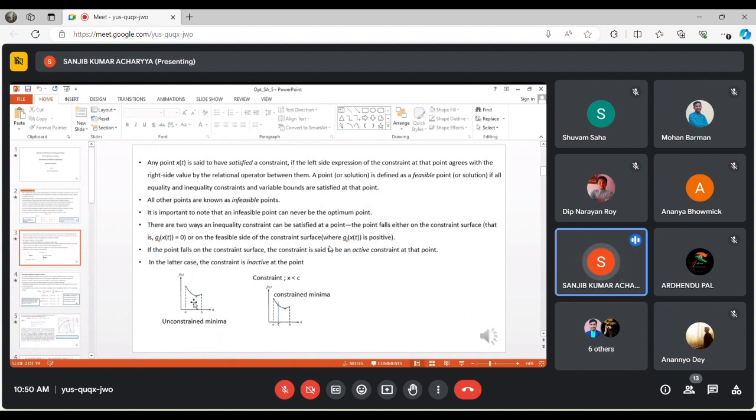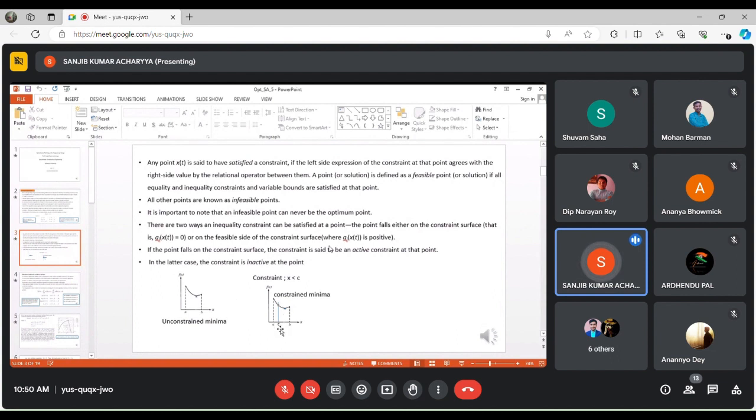But if one constraint is attached, that x must be less than or equal to c, then this point is not a feasible solution. So it is not the constrained minima. Though it is the minima within the given interval, as it is not satisfying the constraint, it cannot be acceptable as the constrained minima.